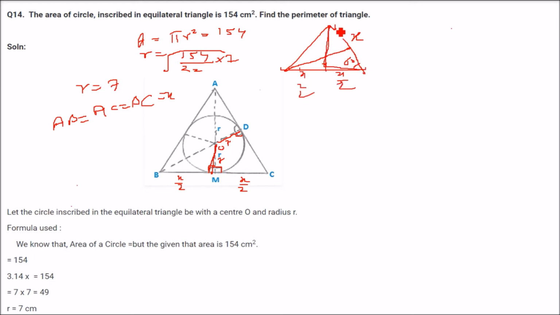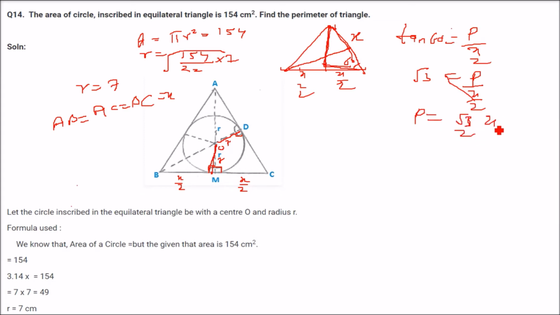So if I take this triangle and take tan 60 degree, perpendicular by base, perpendicular is P, base is x by 2. And we know that tan 60 is root 3. So root 3 is equal to P by x by 2. P will be root 3 by 2 x, which is root 3 by 2 times the side. X is the side we have taken.